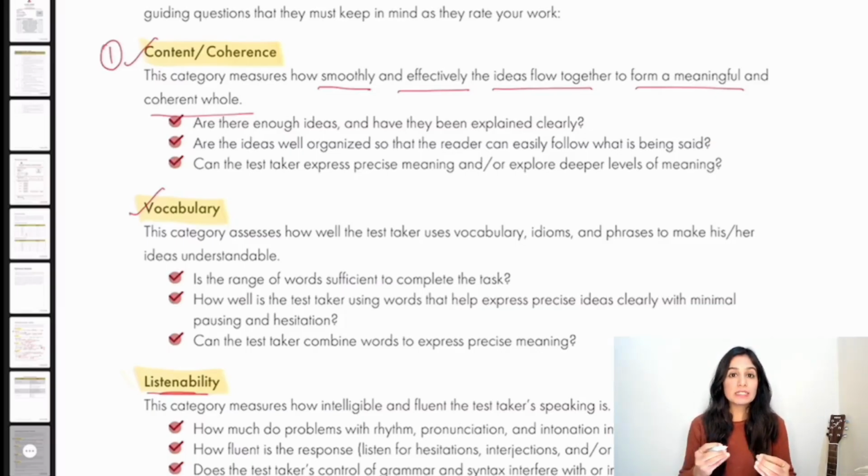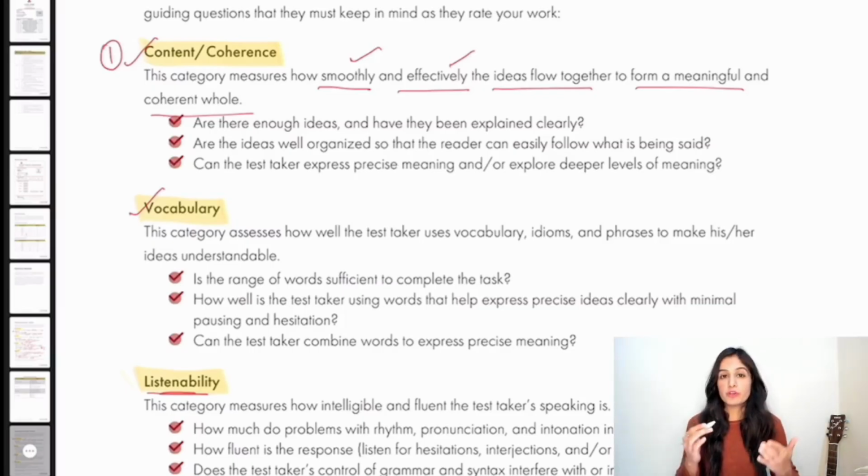Are there some unnecessary hiccups, or are you stopping, taking unnecessary pauses when you are speaking in your speaking test? So it should be smooth and effective in terms of the ideas. And the answer should make a meaningful and coherent whole. Coherent basically stands for logical organization of your ideas. So they should make sense.